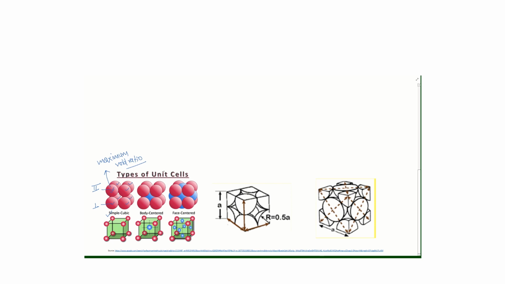And when we have the minimum void ratio, the configuration will be looking like this. The face centered configuration is for the minimum void ratio. So the configuration in 3D will be looking like this one.